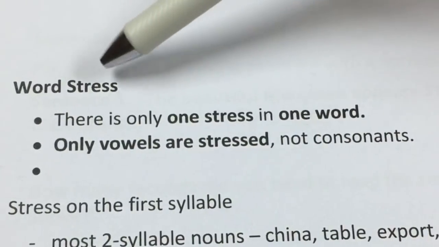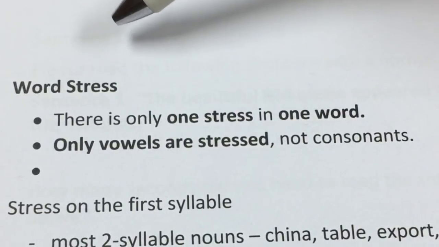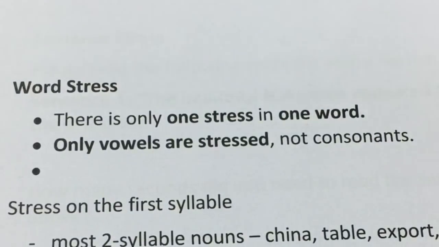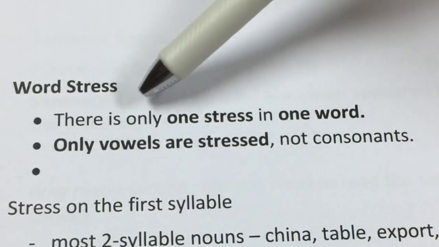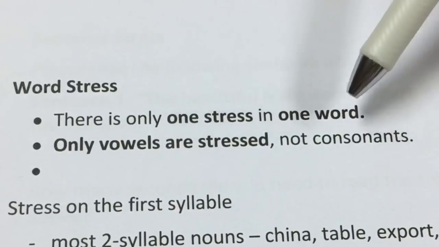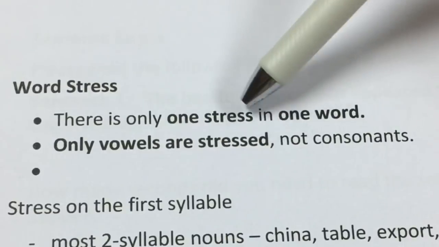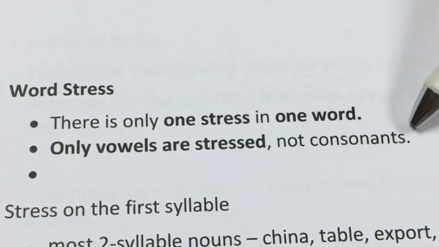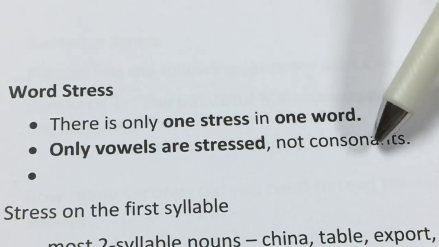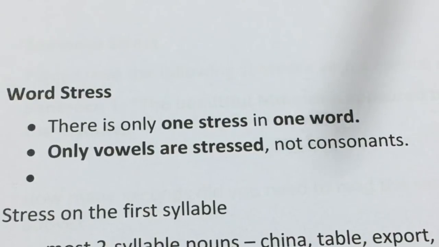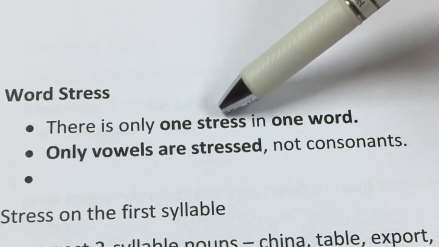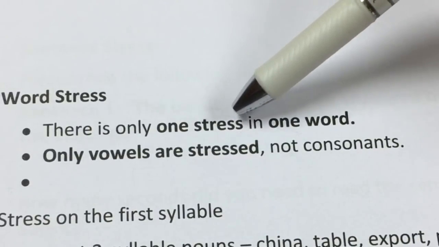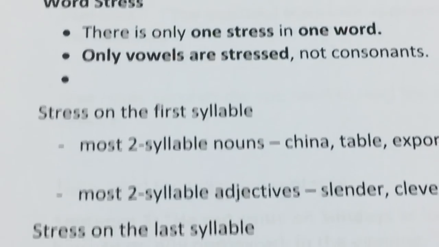For example, you have stress before the examination. I know everyone does. But here stress means การเน้นเสียง. We stress only one place in a word, no matter how long the word is. And rule number 2: only vowels are stressed, not consonants. In English, we usually draw a mark above the stressed vowel, not the consonant.